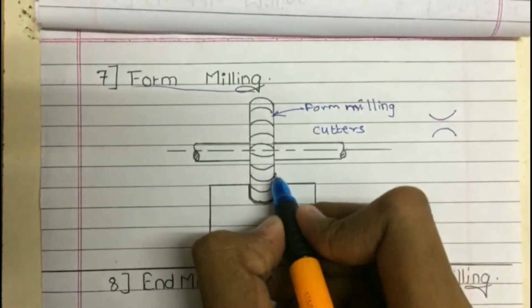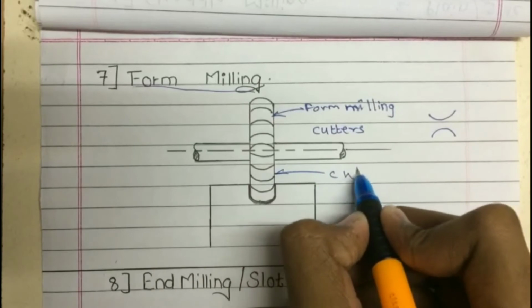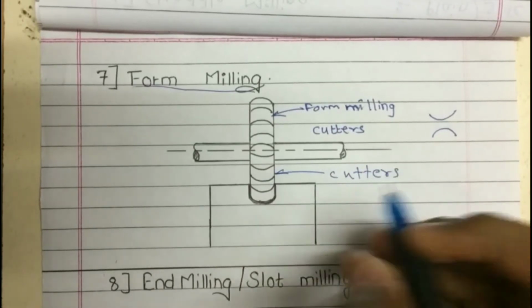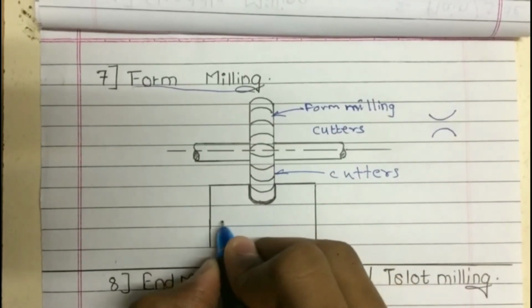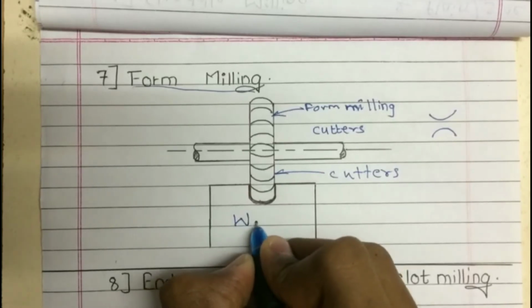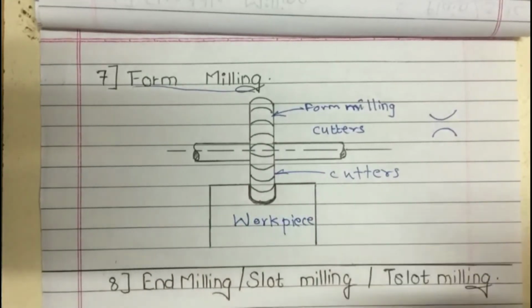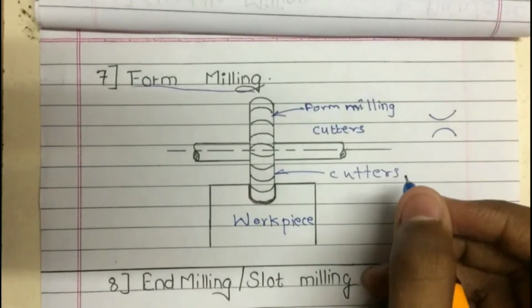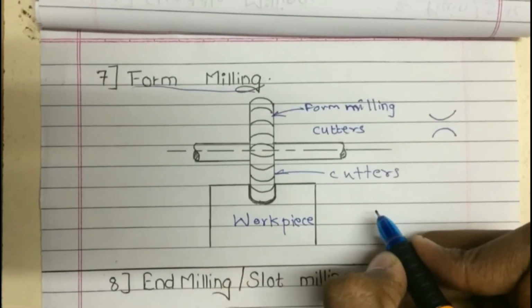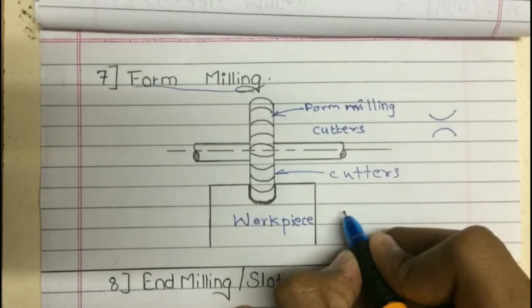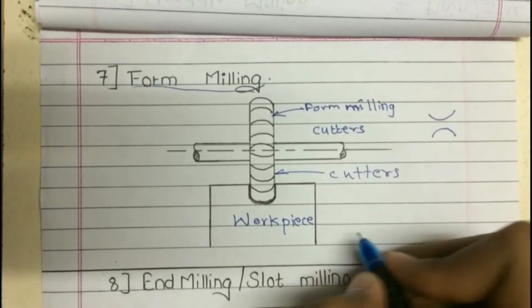And the shape of these cutters is the same as the profile which is to be generated on the workpiece. And this operation is performed very slowly as compared to the plain milling operation.